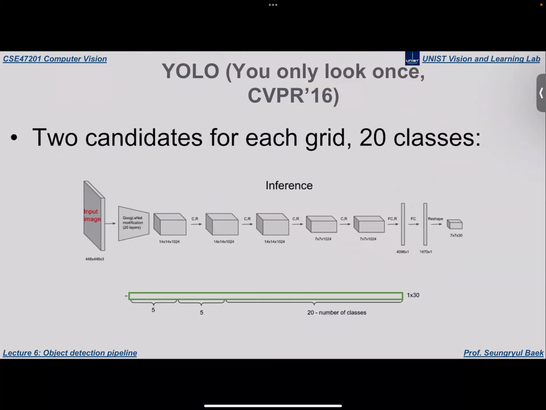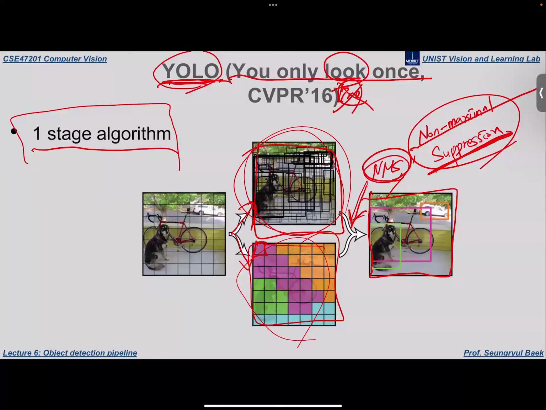For achieving this object detection, they use this kind of architecture. What they actually do is first make a grid.